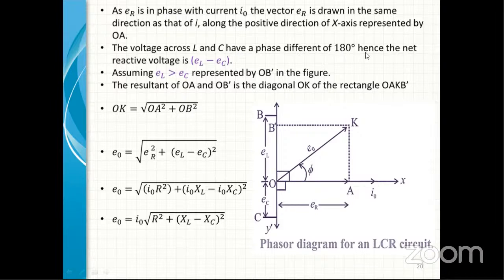नंतर व्होल्टेज अक्रॉस L and C have the phase difference 180 and hence the reactive voltage. म्हणजे आता इथे फाय जो आहे, इंडक्टन्सच्या केसमध्ये π/2 ने तो मागे राहत होता आणि कॅपॅसिटिव्हच्या केसमध्ये तो पुढे जात होता. But when current here, this voltage across L and C have the phase difference 180 and hence the net reactance. मग त्या दोघांमधला जो फरक आहे तो घेणार. आता इथे ऑब्विसली आपल्याला दिसते की EL हा EC पेक्षा मोठा आहे. सो ऑब्वियसली EL minus EC, this is nothing but the net reactive voltage.